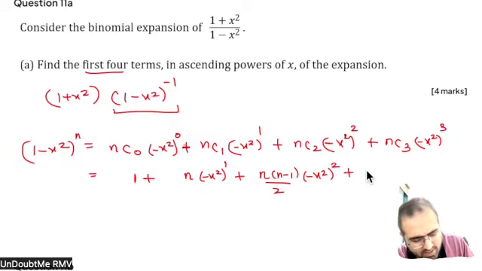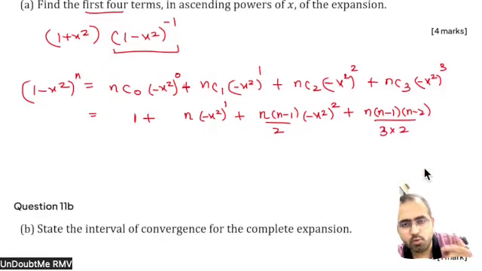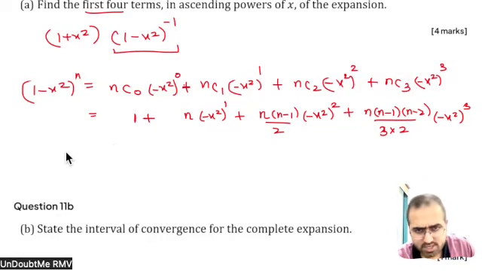And then lastly, nC3 is n into n minus 1 into n minus 2 over 3 into 2, 3 factorial. When you will open that nC3, you will get this, minus x square to the power 3. In this step, you are going to put n is equal to minus 1.